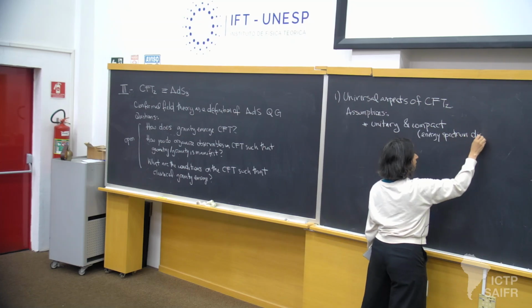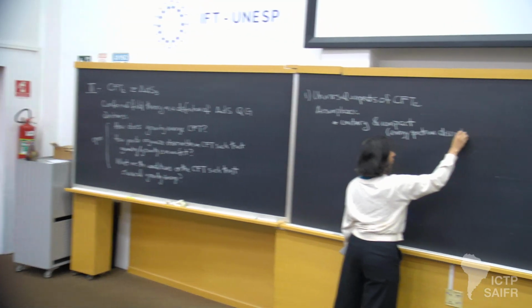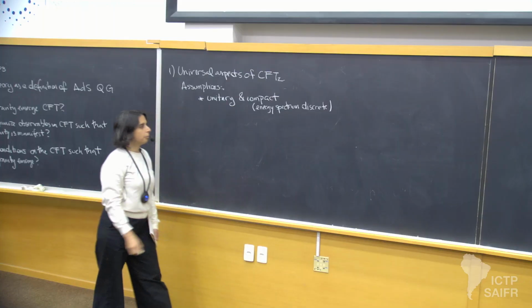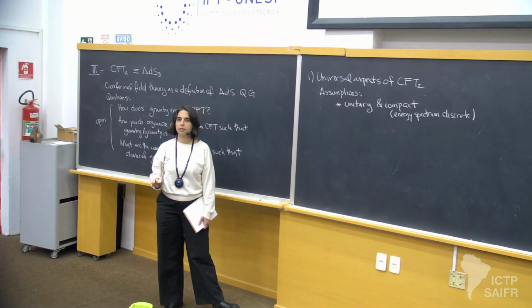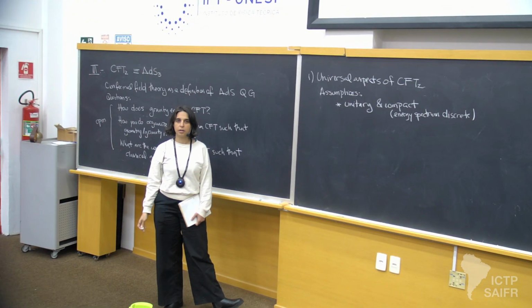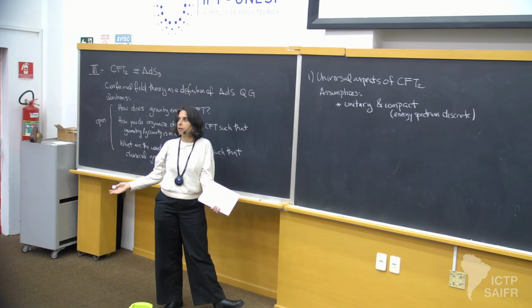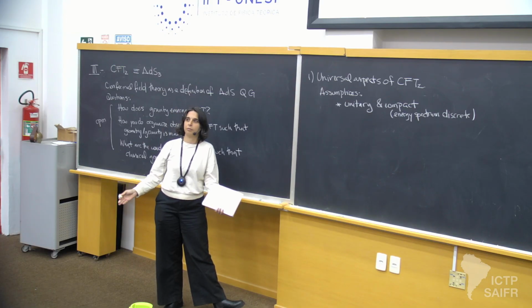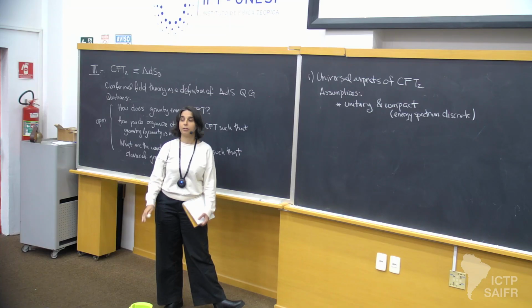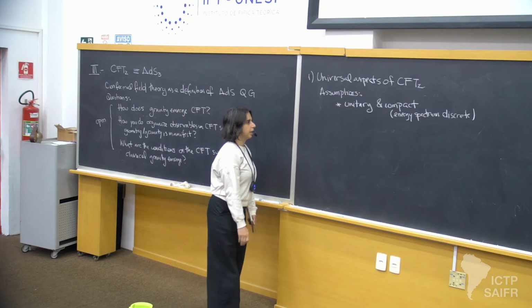You can have CFTs with continuous spectrum in some portions, and I don't want that. So, for instance, I'm removing from this discussion Liouville. There was a nice talk on Monday about Liouville. It's a great theory, by the way, but it's not going to be part of the discussion.